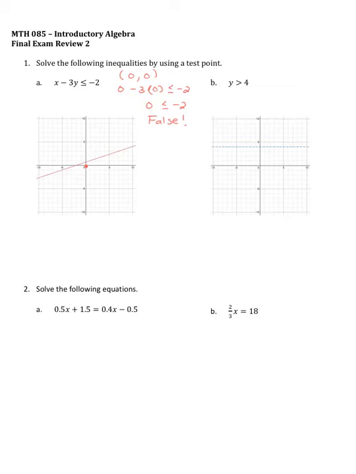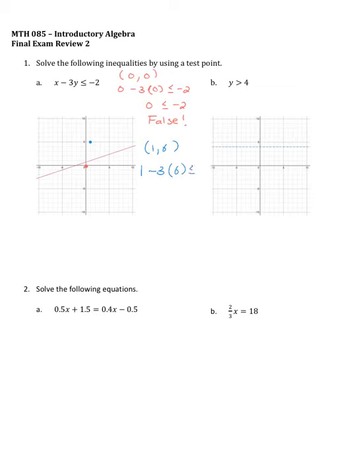To see why, I'm going to choose a point on this side and plug it into the inequality, and hopefully it's a true statement. I'm going to try the point, how about (1, 6)? You could use any point you want, but I'm just trying this one out. That's 1 for x and 6 for y. In my inequality, that's 1 minus 3 times 6.